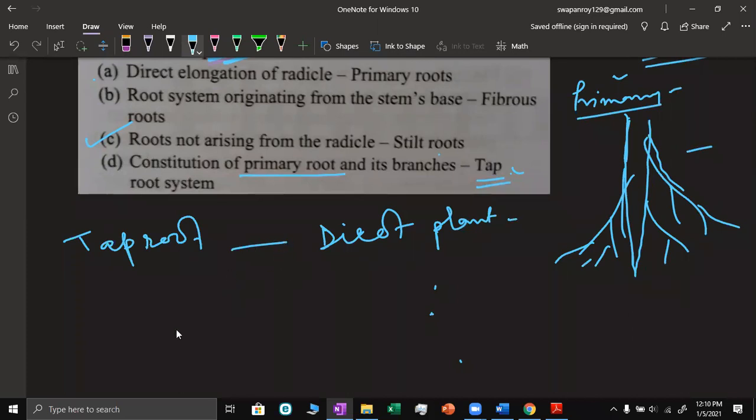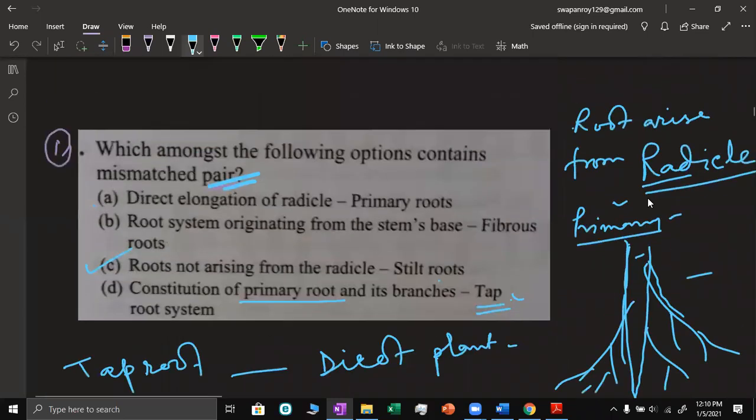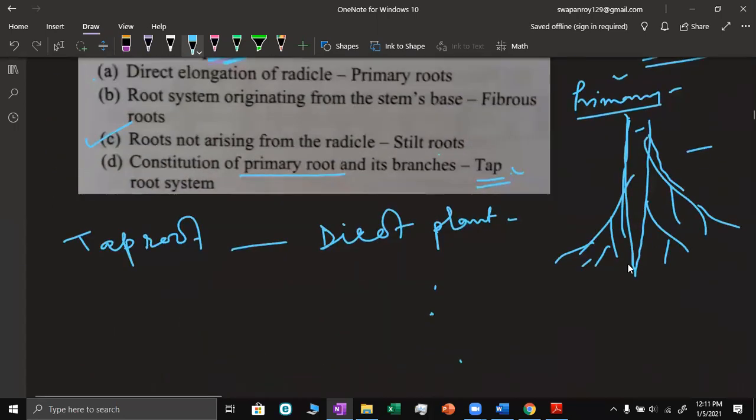In case of monocots, this primary root does not stay for long. Instead the primary root degenerates, and from the base of the stem, particularly the base of the plumule, which forms the stem, there is a bunch of fibrous or fiber-like roots.